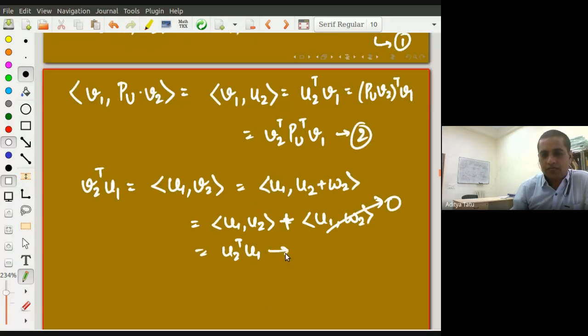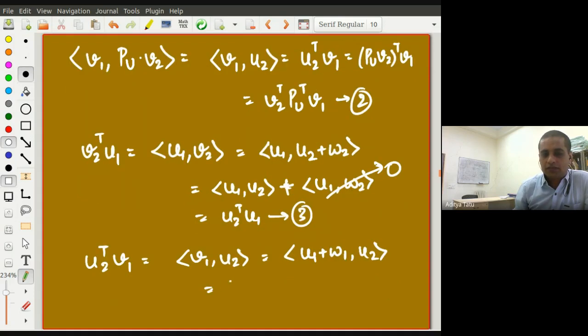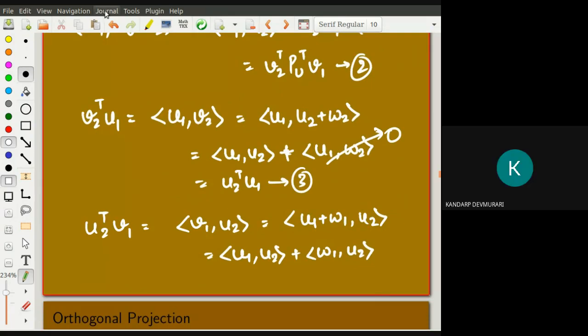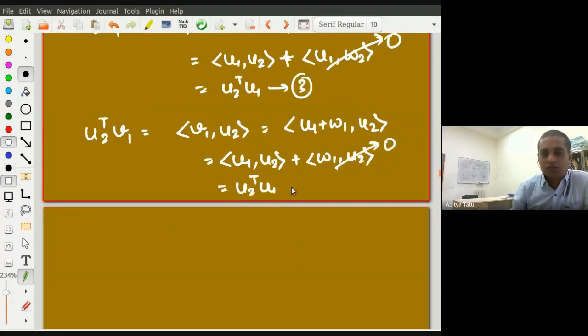Keep this in mind. Similarly, what is u2 transpose v1? v1 is u1 plus w1, so it is u1 inner product u2 plus w1 inner product u2. What is w1 inner product u2? It is 0. So this is also u2 transpose u1.